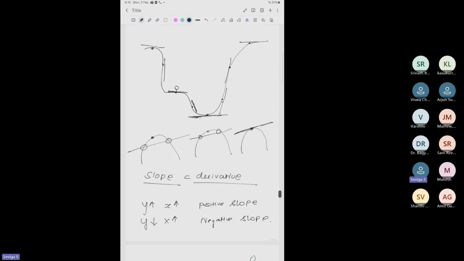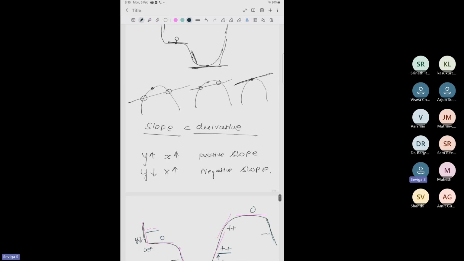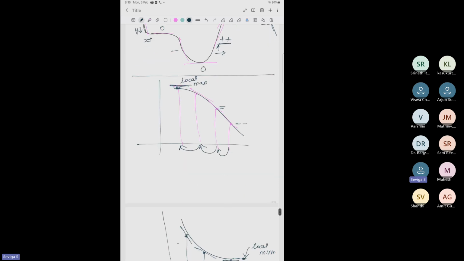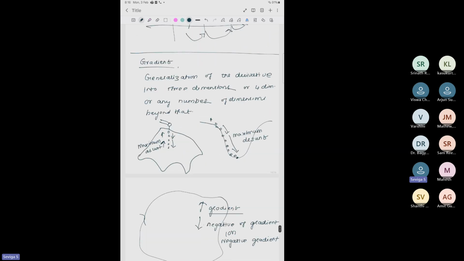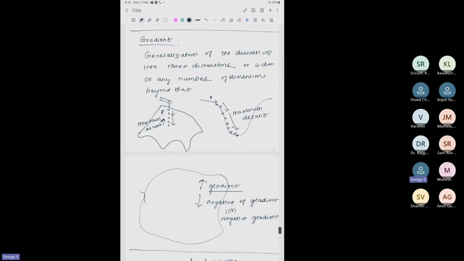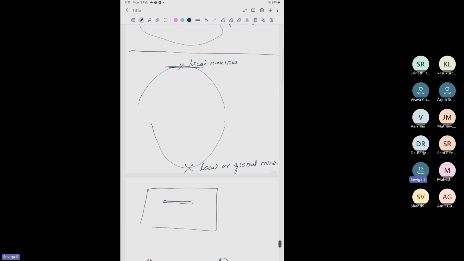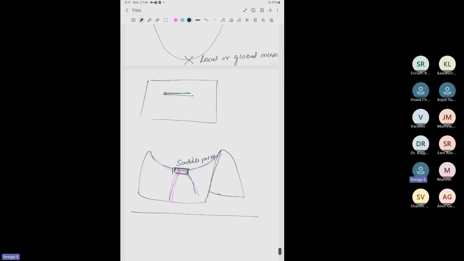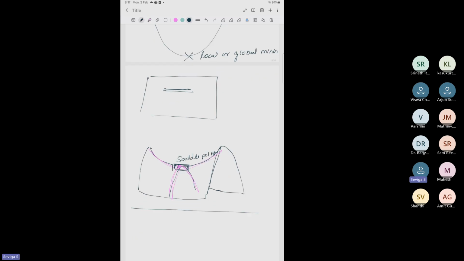Then we saw about the tangent line, and how the tangent line is used in identifying derivatives. Then we saw how to find the local maxima and the local minima. Then we saw what is gradient. We saw the definition of it, and we saw what is the direction of maximum descent and what is the direction of maximum ascent. We saw what is gradient and what is negative gradient, and how to use that to find the local maxima and local minima. And we also saw about the saddle point.